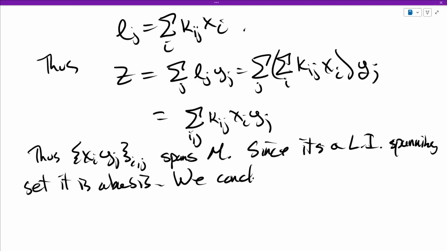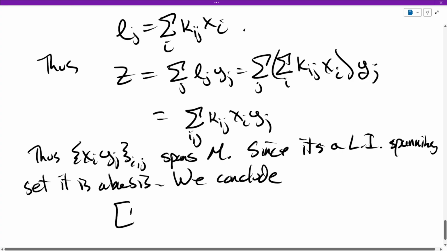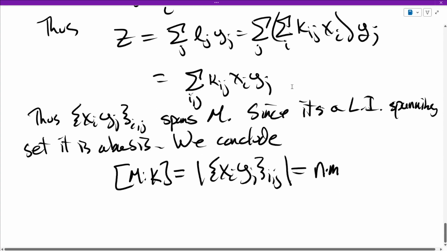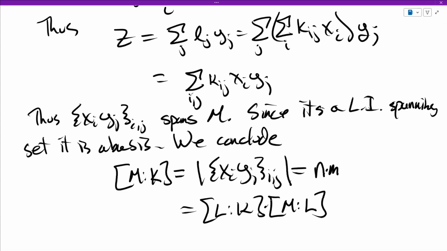Well, we conclude that the dimension of M over K, or the degree of M over K, is the size of this basis, the cardinality. And the size of that basis is certainly m times n, because you have n choices for x, and then m choices for y. But n was the degree of L over K, and m was the degree of M over L. And of course, this is just multiplication of numbers, so it doesn't matter the order in which we do that. And that's what we wanted to show.